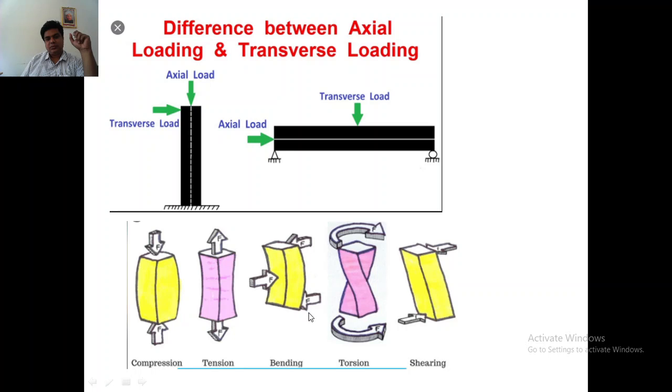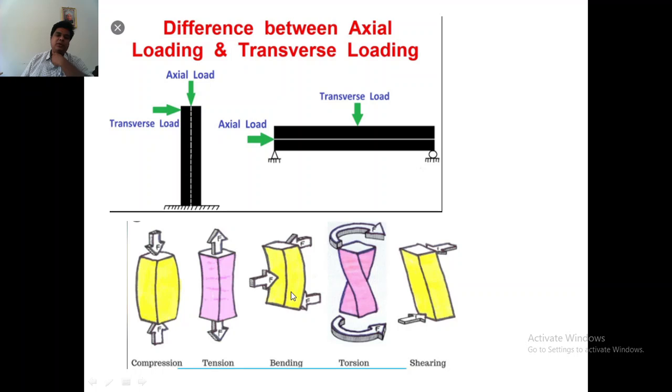This is a transverse load, because you are applying load perpendicular to the axis of the component, and to bend it, one more reactional force will be applied here. Because of this nature of transverse load, the material will bend. That is called bending. So the material is under bending.